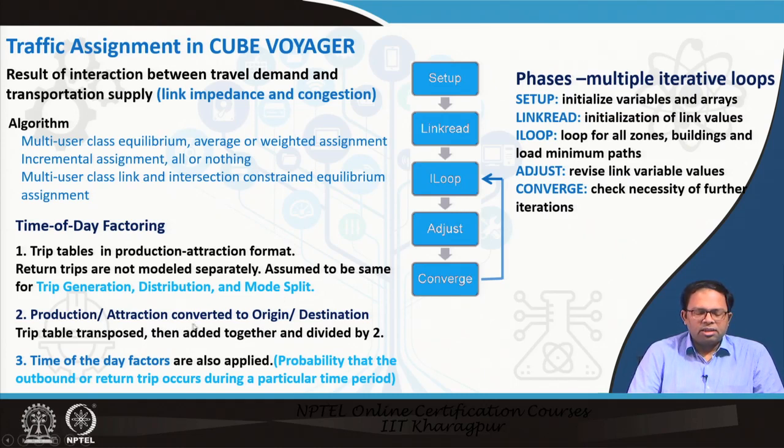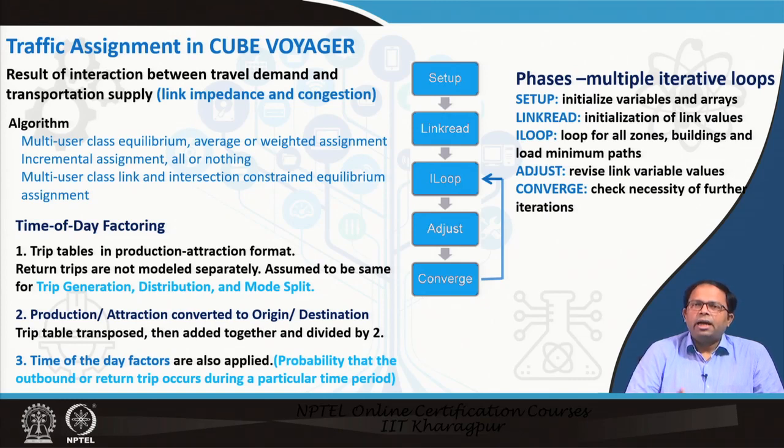And so, production-attraction is basically converted into origin-destination. The trip table is transposed, then added together and divided by 2. That helps us create the total amount of travel between the different zones at different time points, because we are only developing production and attraction. Now, we have to change it into a 24-hour format.